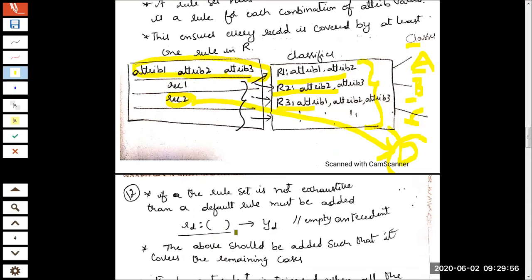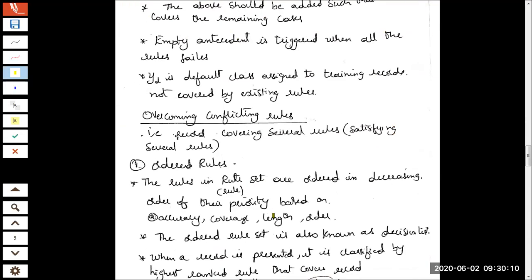This has been represented here, you can see. If a record is not satisfying any of the rules, that is why it is empty, take that record to class D, which is the default class. So we had concluded our discussion at this point.